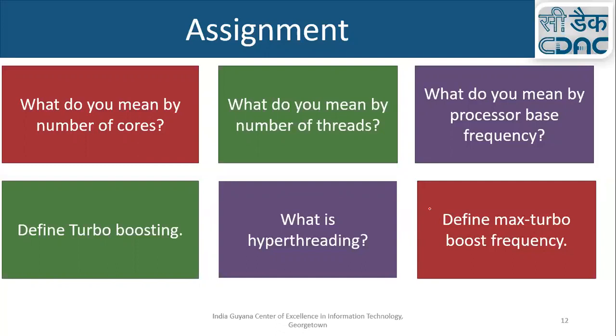Base frequency could be like 1 or 2, literally the lowest frequency. And if by chance I'm doing more things on the computer, it's going to need more, so the frequency is going to increase to the max frequency, which is 3.